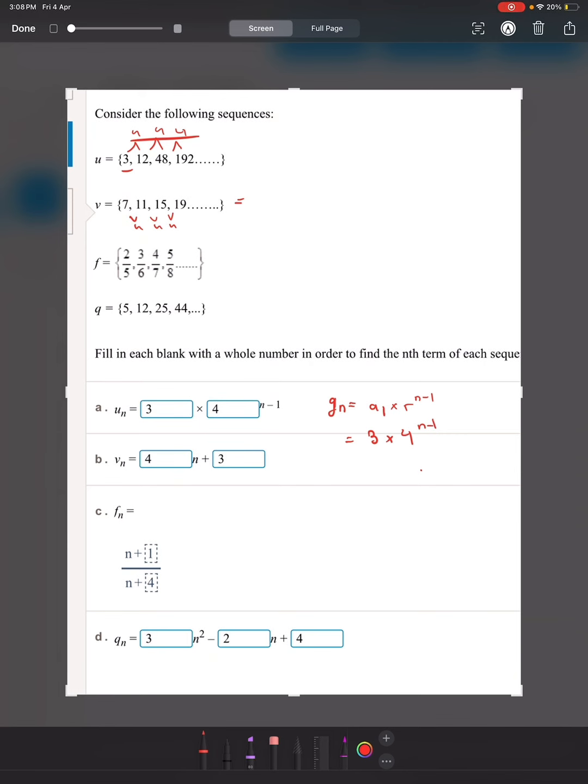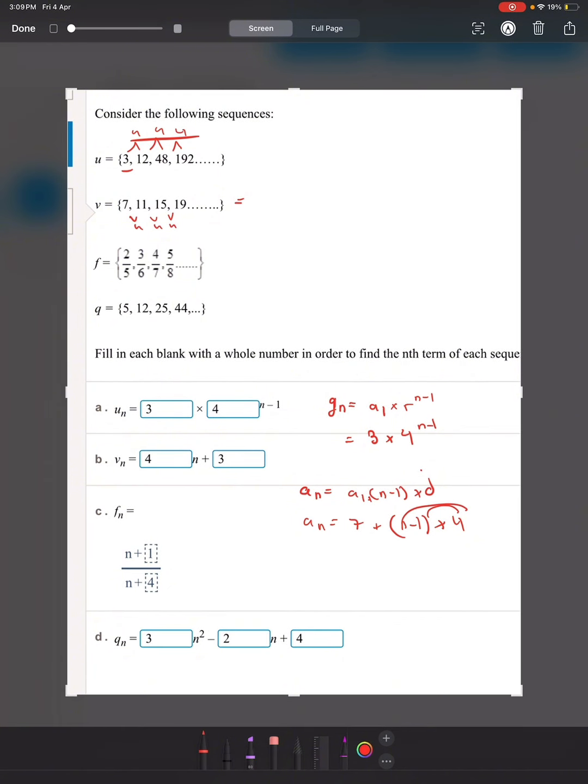The formula for any arithmetic term is a n equals a1 plus n minus 1 times d. So a n equals a1, which is 7, plus n minus 1, multiplied by the difference, which is 4.